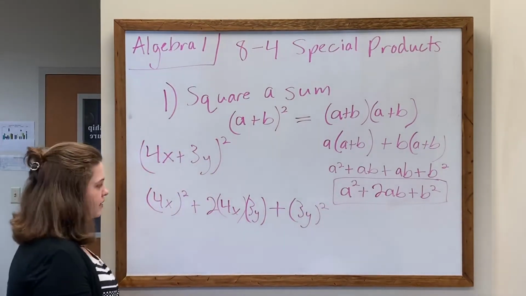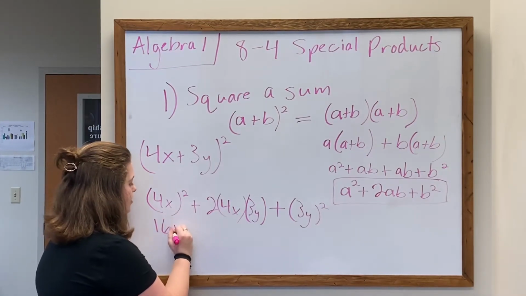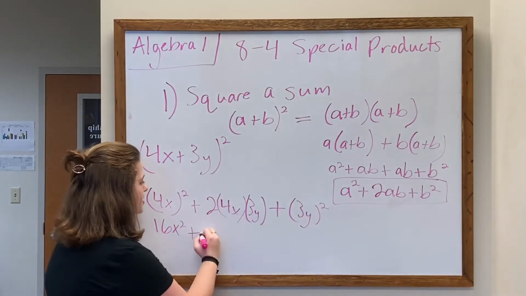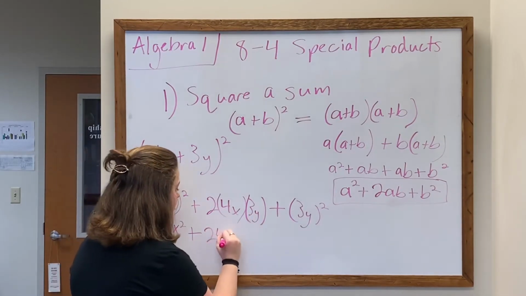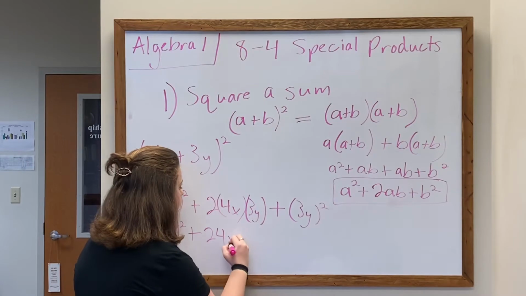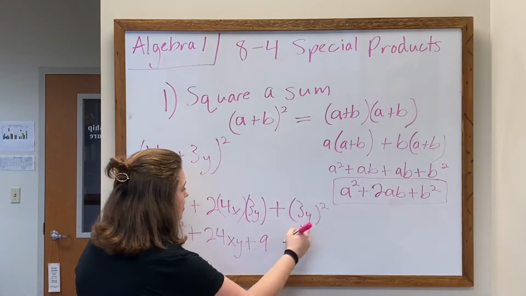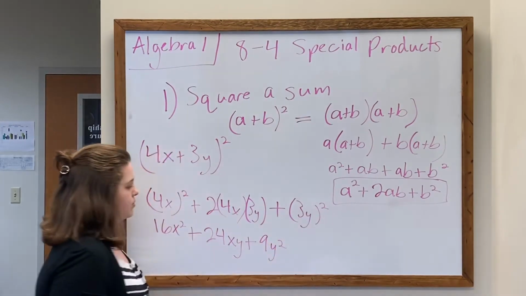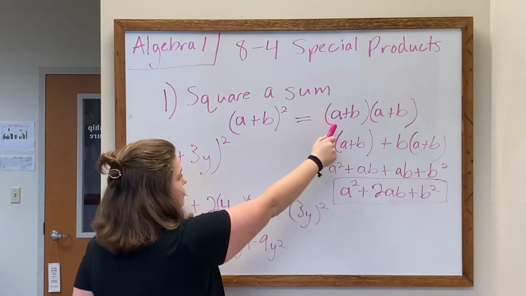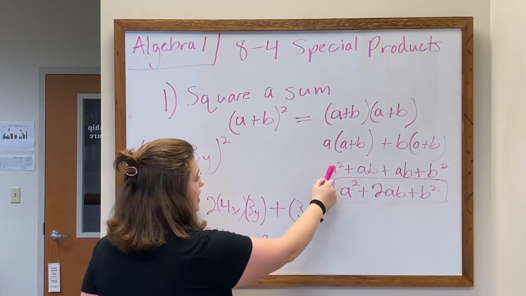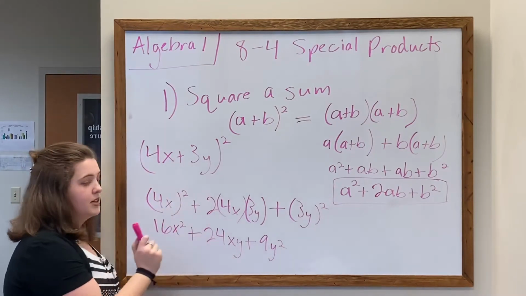And now I just simplify it. 4 squared is 16, x squared is x squared, plus 2 times 4 times 3, which is going to be 24 times x times y, plus 3 squared, which is 9, and y squared, which is y squared. So this saves us the trouble of having to do all the steps. It sends us straight to this one, so that all I have to do is plug the numbers in and simplify.